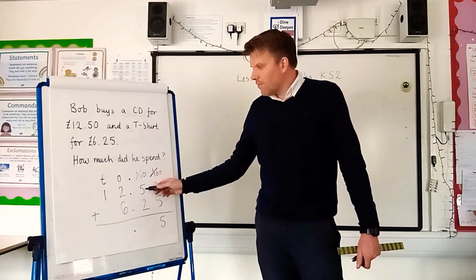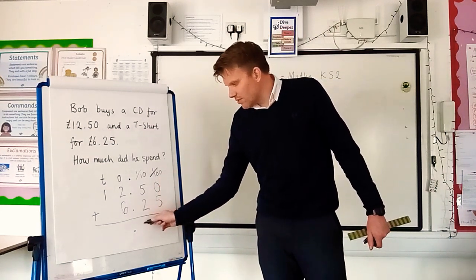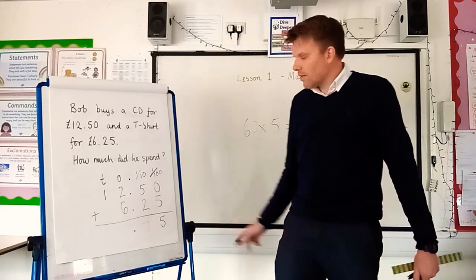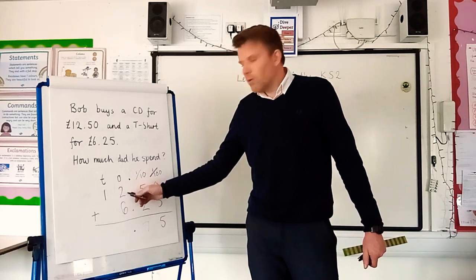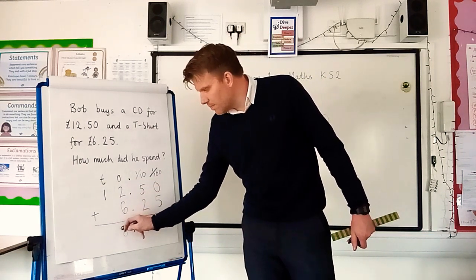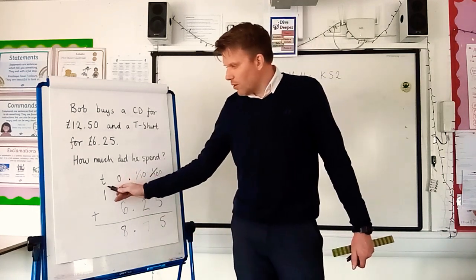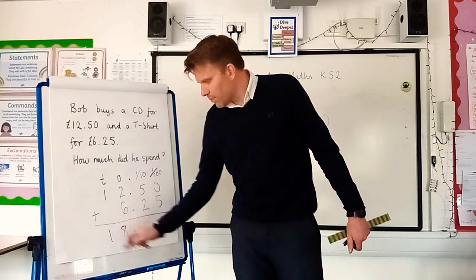Next column, 5 tenths add 2 tenths is 7. Decimal point, now let's go on to this next one. 2 ones add 6 ones is 8. And finally, 1 ten add nothing is 1.